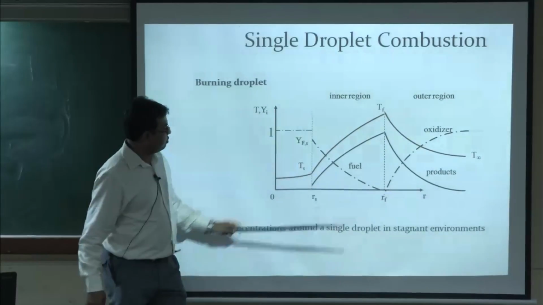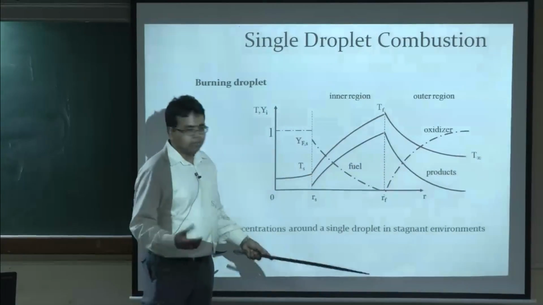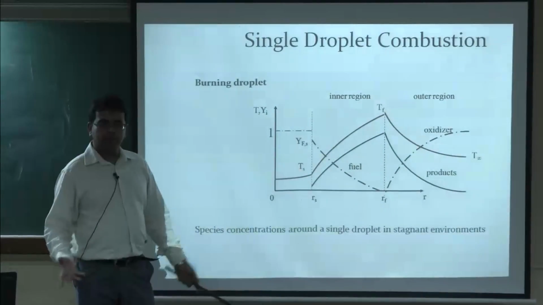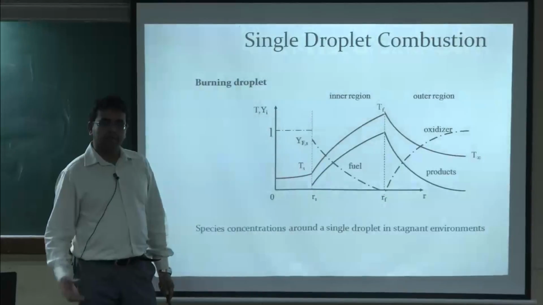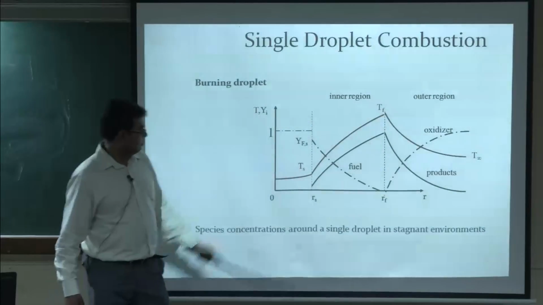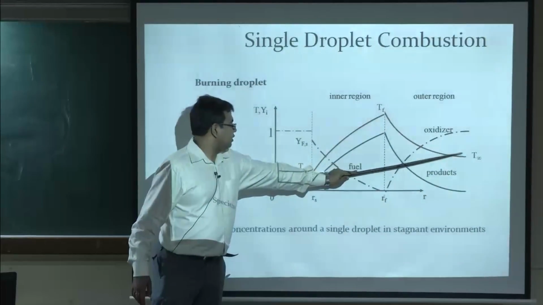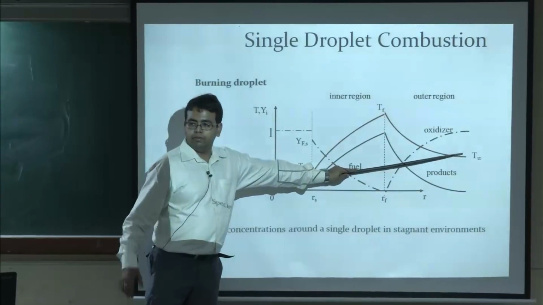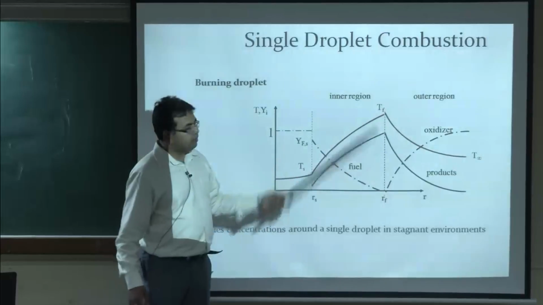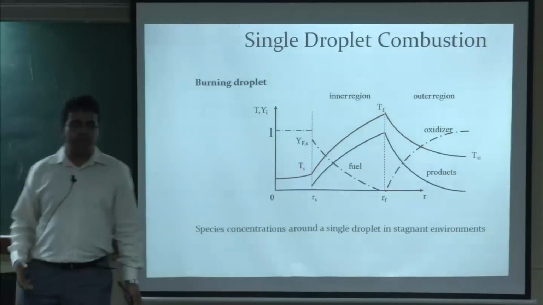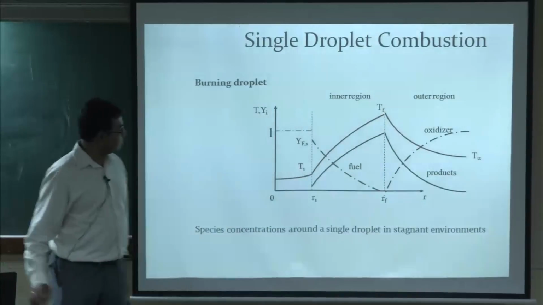In the absence of a flame, suppose the droplet is evaporating in a hot environment, but much less than the flame temperature, at T infinity, you can see that the gradient is very small, right. So, we see that in combustion, the flame basically plays a dominant role in the droplet evaporation.